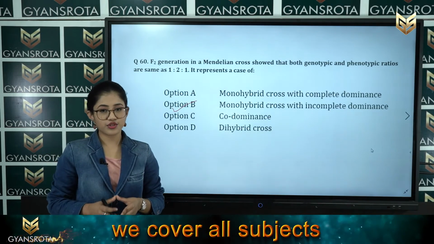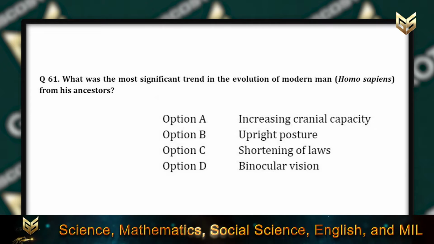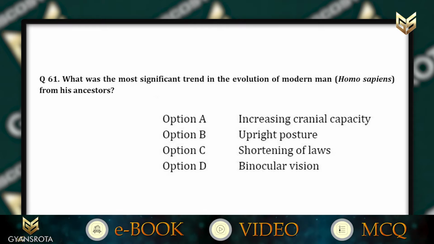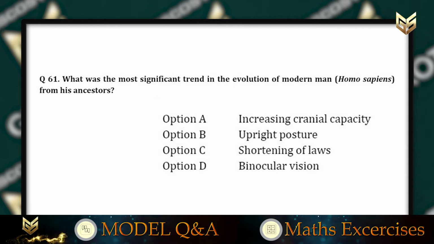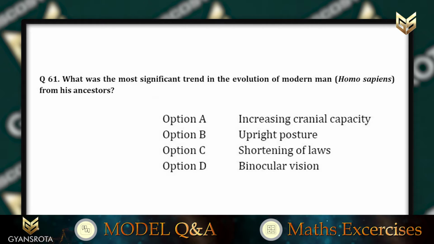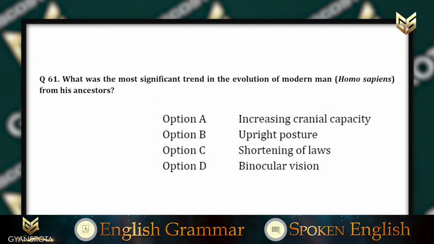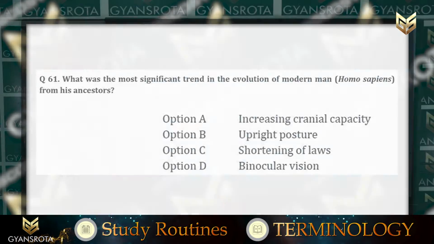Now let's see the next question, that is question number 61. In this question number 61, the question is, what was the most significant trend in the evolution of modern man, that is Homo sapiens, from his ancestors? Option number A, increasing cranial capacity, option number B, upright posture, option number C, shortening of claws, option number D, binocular vision.